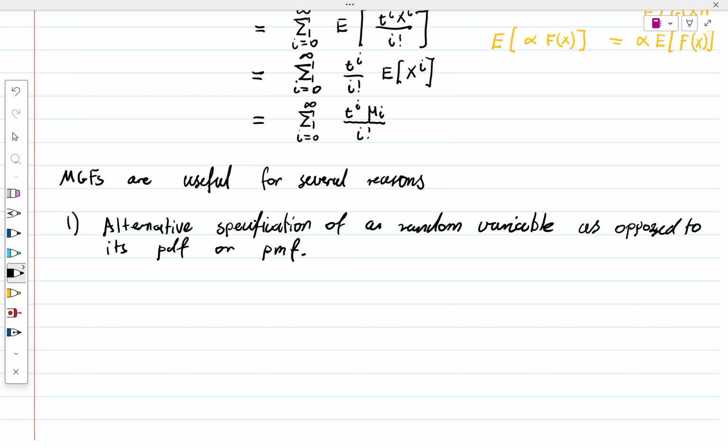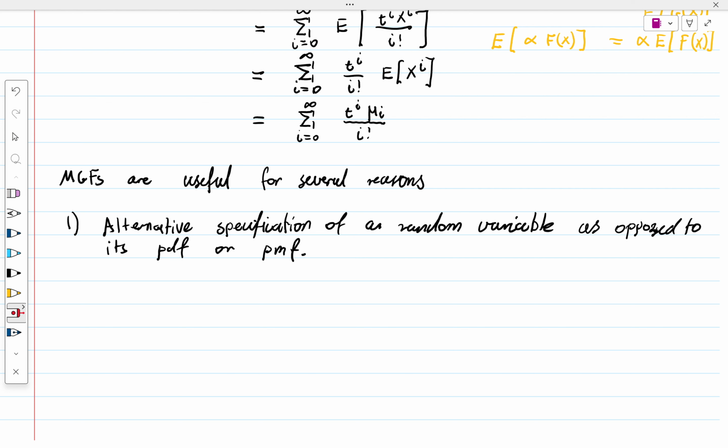Typically, when we try to represent a probability distribution, we describe it in terms of a probability density function or a probability mass function. But actually, MGFs, when derived, can be used to specify the distribution instead.